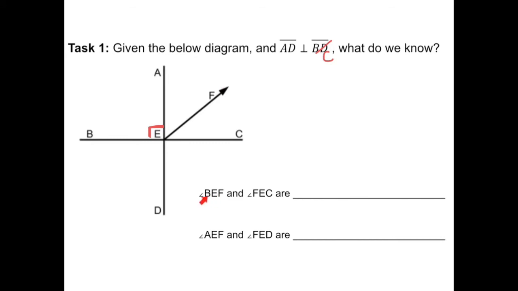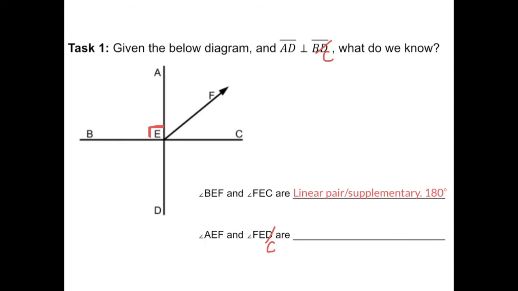Now, speaking of the EF ray, this is asking us to look at angle BEF and FEC. Well, they're creating a line. So they are a linear pair and supplementary, which, remember, does add to equal 180 degrees. Now, as we move into this next relationship, we want to make sure that we change this to FEC because we're still comparing angle FEC here.